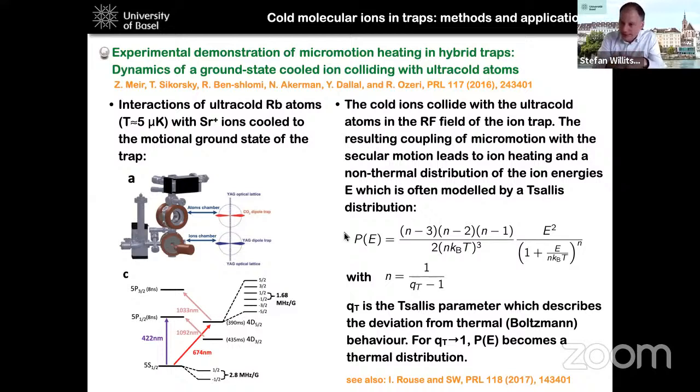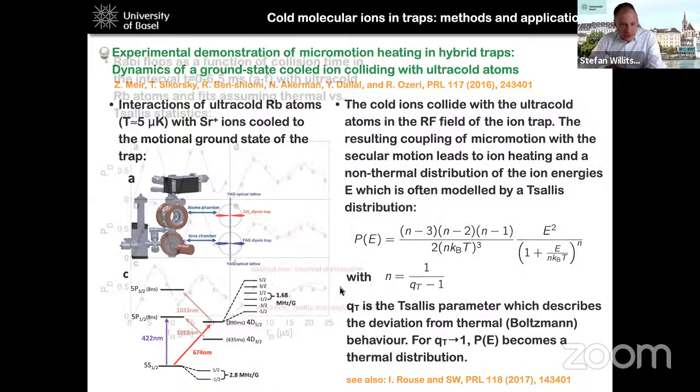But whenever one has such Tsallis distributions, it's an indication that one is not really in thermal equilibrium. And a few years ago, we also showed that, starting from some very fundamental considerations, one can prove that for an ion-atom hybrid system in an RF trap, we really have to arrive at something like a Tsallis distribution.